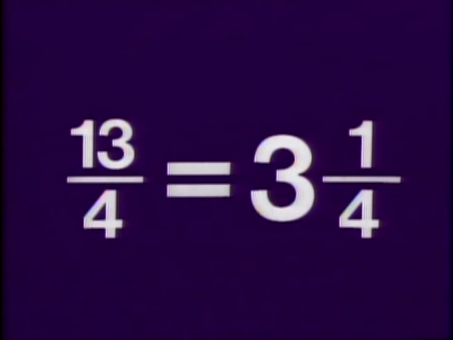We begin by arranging these quarters into groups of 4 each. Each group is equal to 4 quarters, or $1. We can construct $1, $2, $3 with one of the quarters left over. So 13/4 equals 3 1/4.